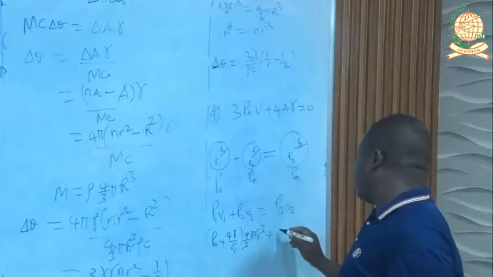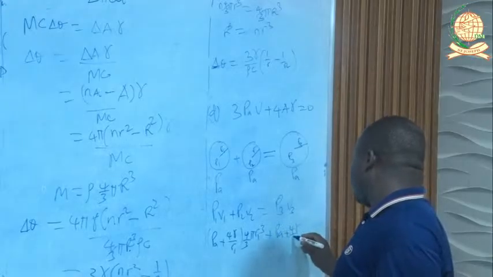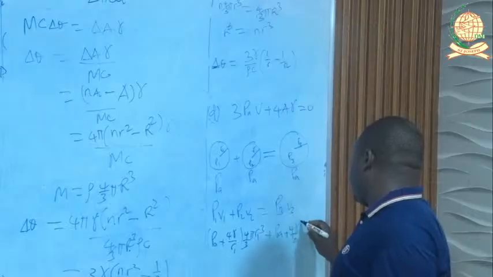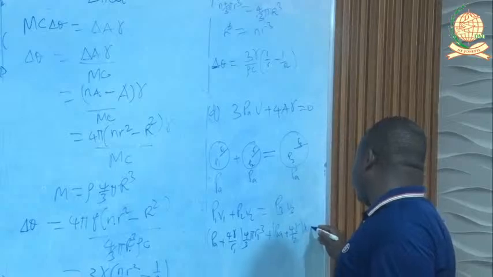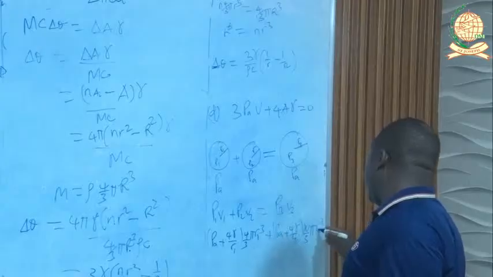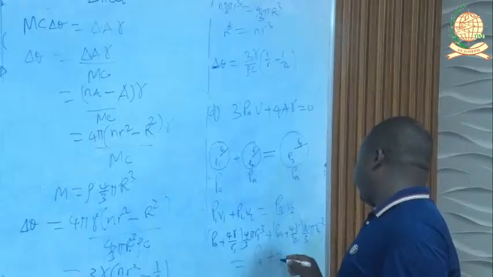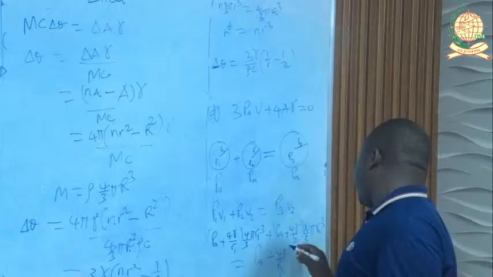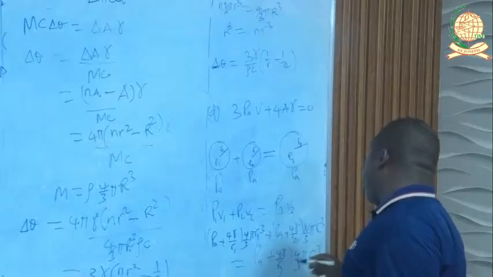The second also will be equal to PA plus 4 gamma over R2 times its volume, which is 4 over 3 pi R2 cube. And this is equal to PA plus 4 gamma over R3 bracket times its volume, which is 4 over 3 pi R3 cube.